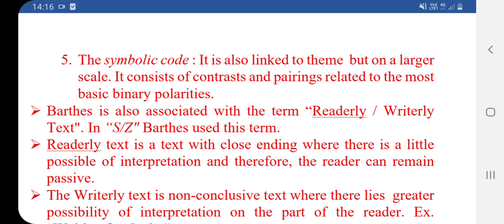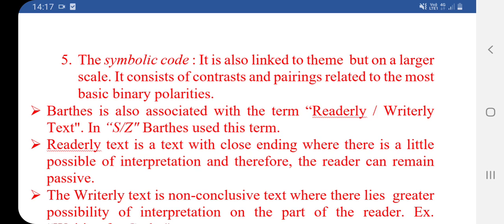Symbolic code is linked to the theme but on a larger scale, as it consists of contrasts and pairings related to the most basic binary polarities. As we have studied binary opposition, symbolic code simply comprises these binary polarities.